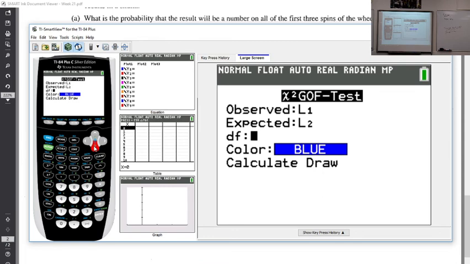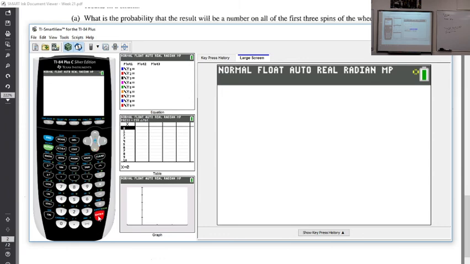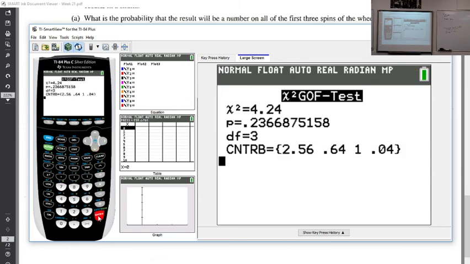Degrees of freedom, it's the number of categories minus 1. Well, we have 4 different categories because we have 4 different possible outcomes. Minus 1 is 3. So there's my chi-square statistic. That's the p-value. And here are the 4 different chi-square values that we're adding together.